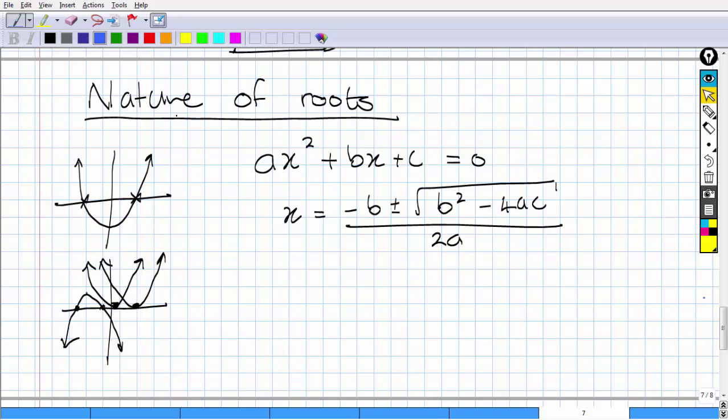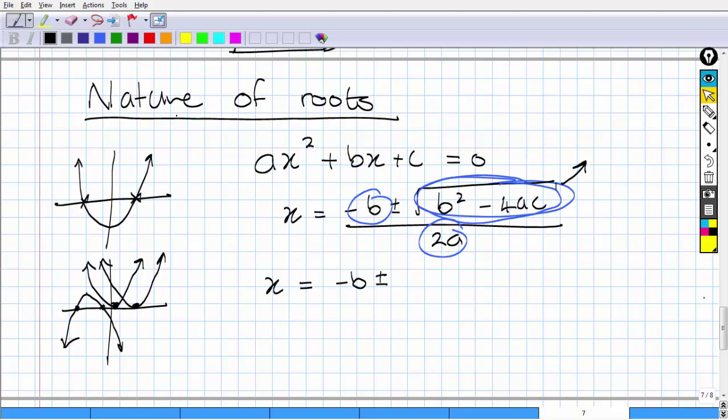Specifically, this guy is what defines our roots, because we have negative b plus minus something over 2a. This is a constant, that is a constant, and this is a constant. But this one we are adding and we are subtracting. So if we write this, we have two values for x. x is equal to negative b plus or minus.